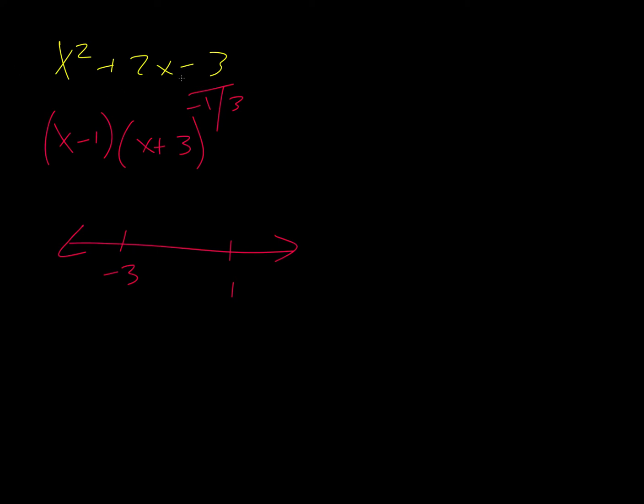Now since we know it's a parabola, and specifically we know it's like this, and we know that it crosses the x-axis, we actually could right away write the sign diagram like that.